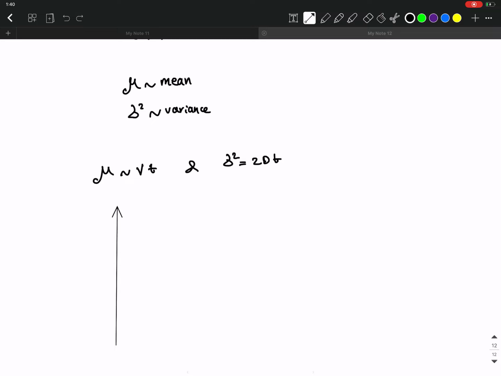So if this is x equals 0, okay, and we go a long time, I want to show how this looks like.